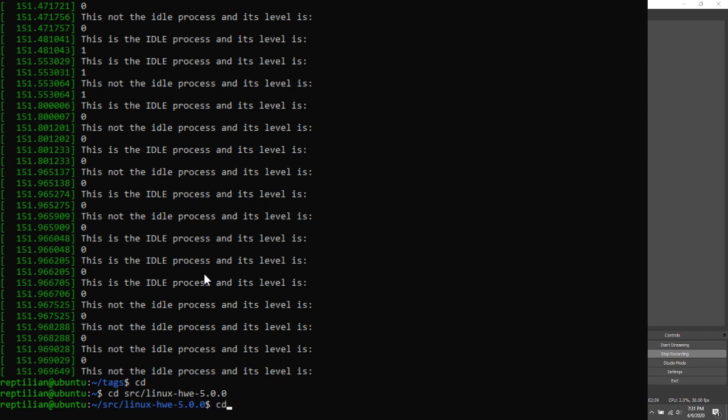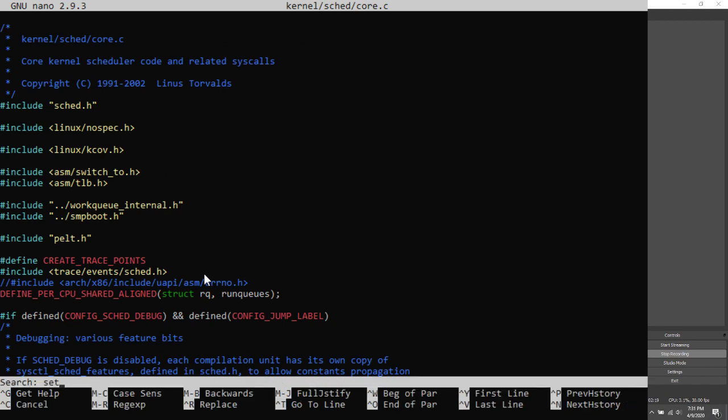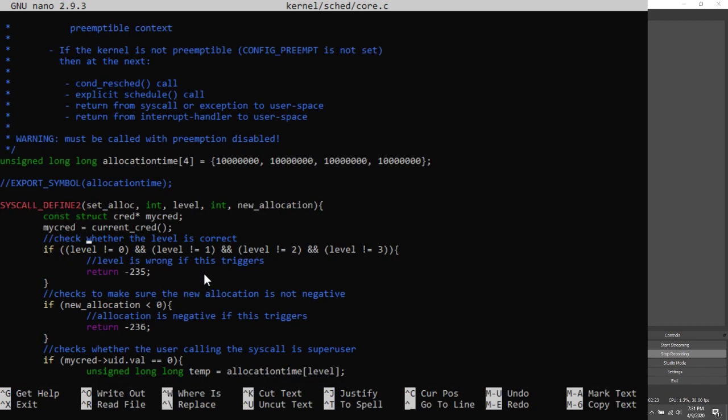Yeah, and as you can tell, it's also running quite a bit slower because I've been working with it, so it actually sets the allocation to be quite a little lower.